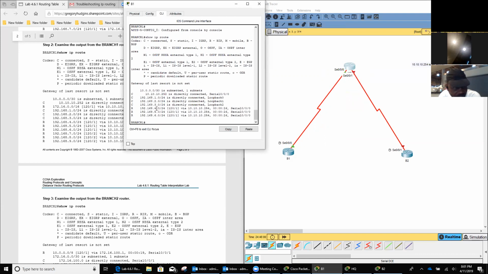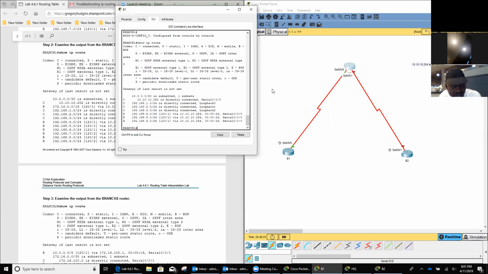Oh, okay. Did we name that? Yeah, those are the 1, 2, and 3. If you look, 192.168.4.0, 5.0, 6.0, those are ones you added to router 2. Okay. So now we need to do the same thing on router 3. So let's go down to step 3.